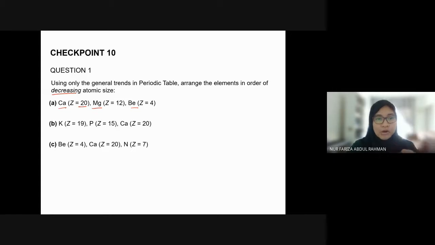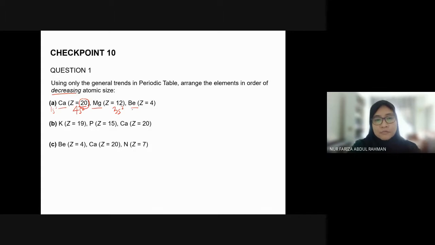For calcium, if I do the partial orbital diagram, calcium comes from group 2 and is at n equals 4. If you don't know, try building from 1s2, 2s2, and you end up with 4s2. As for magnesium, the highest is 3s2. Start from the beginning and the final n would be n equals 3.